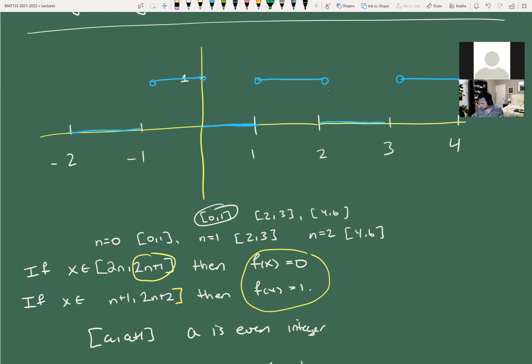So I just use these brackets to indicate that there are these holes here, right? That it's equal to 1 everywhere up to 2n plus 1 and 2n plus 2, but not when we're equal to 2n plus 1 and 2n plus 2. Does that make sense?